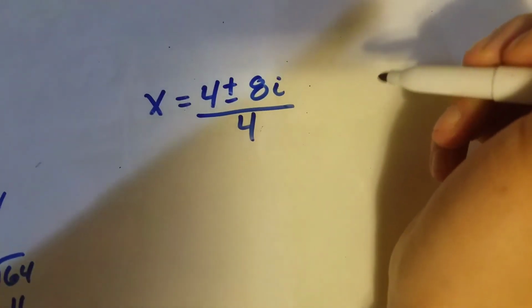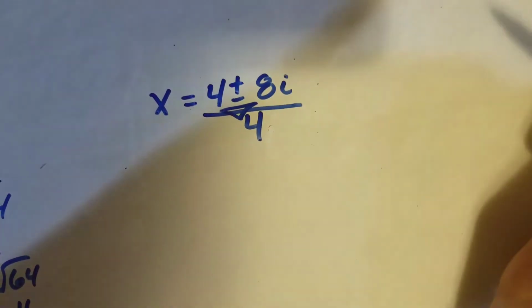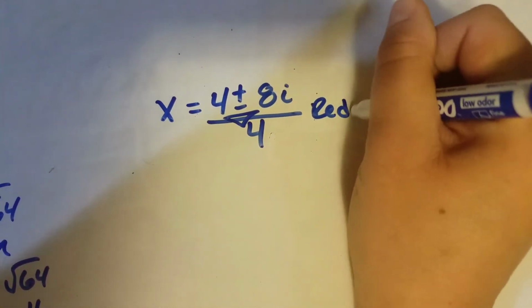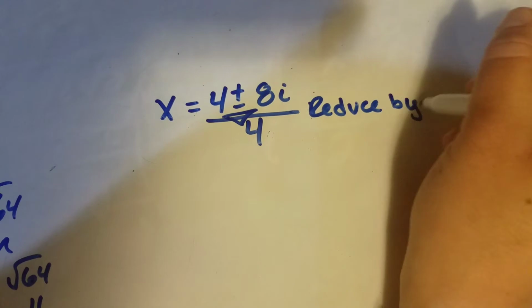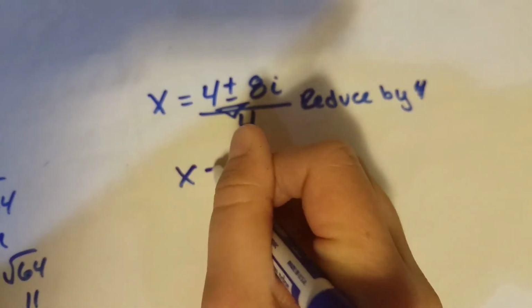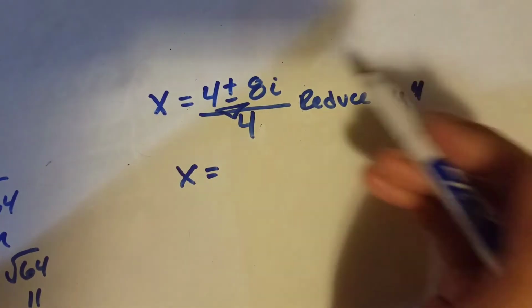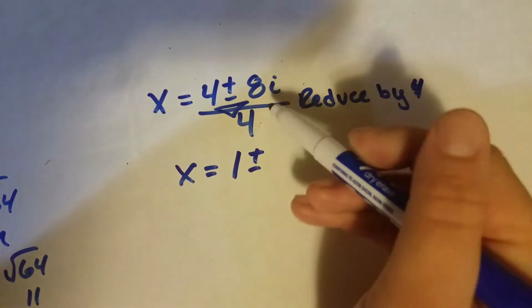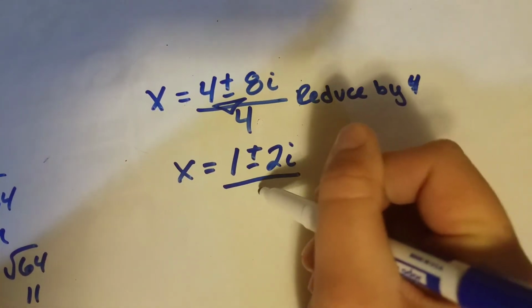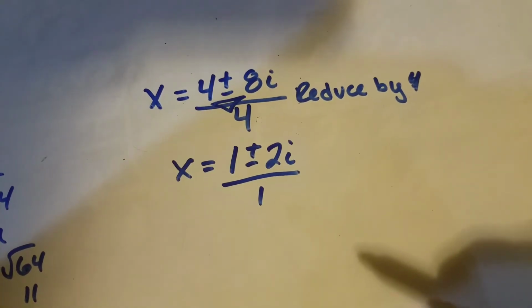The last thing you want to check for is, is it all reducible? So in this case, 4, 8, and 4, we can reduce by 4. It's not always going to reduce that nicely, but in this case it does. So 4 divided by 4 is 1, plus or minus 8 divided by 4 is 2, i stays, and then over 4 divided by 4 is also 1.